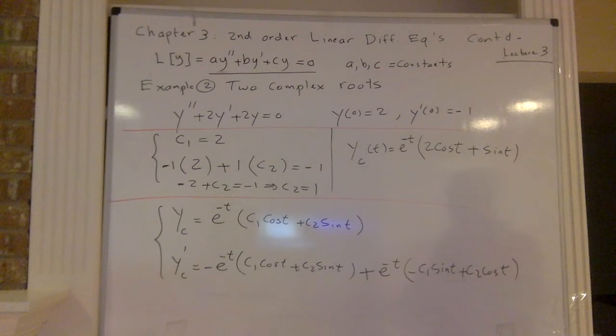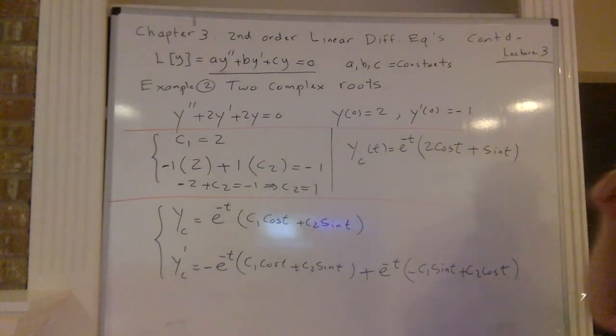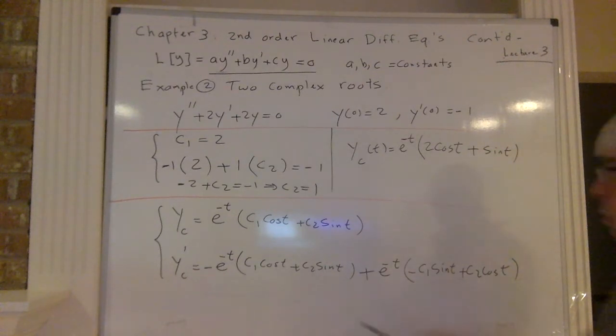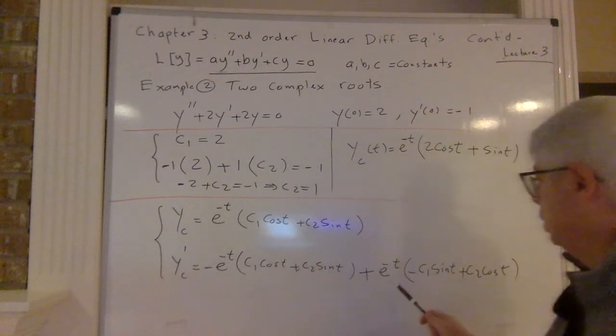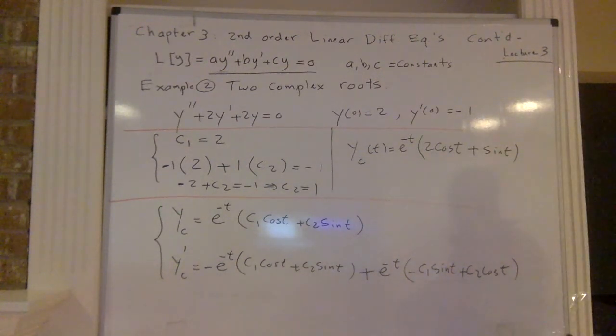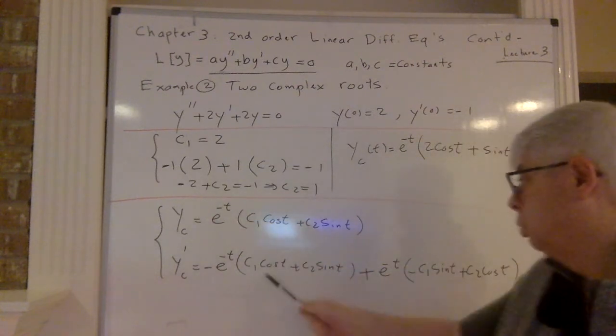Okay, let me double check. So that is in fact minus 1 plus minus 1 minus 2, that's minus 1, and that's correct. And the derivative will be minus this times minus c1 sine plus c2 cosine, and applying this will give me minus 1 times 2.